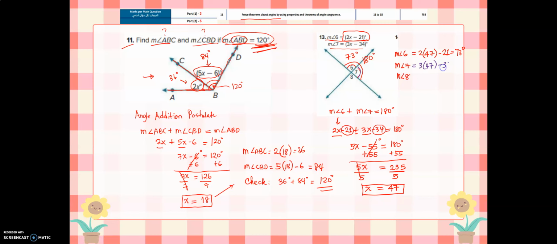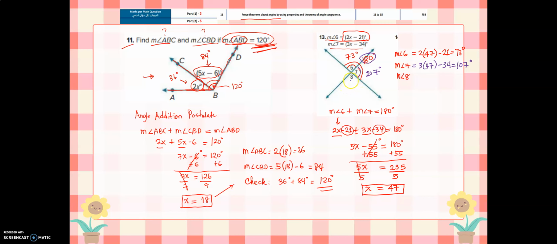So if I calculate it, we'll have 107 degrees. So angle 7 here is equal to 107 degrees. If we add them together, 73 plus 107, we get exactly 180.